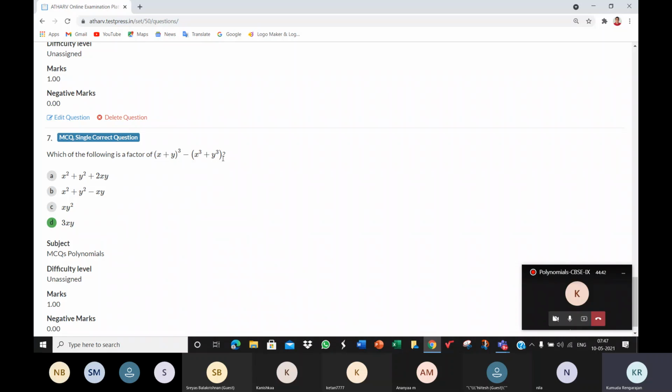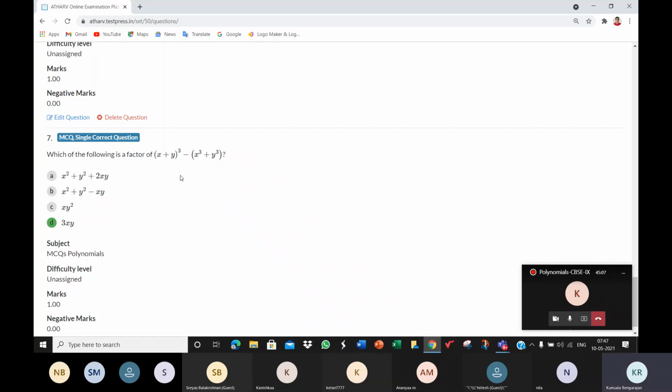Now these two terms have 3xy common. Bring it out. Now in the bracket you will get x plus y. When you expand this first part and then open the bracket here, on simplifying you are left with only two terms, 3x square y plus 3xy square.